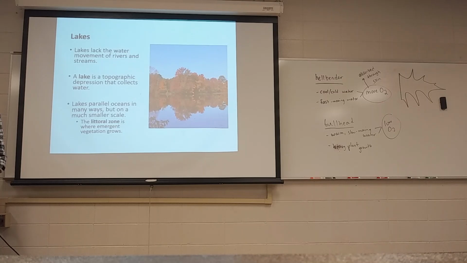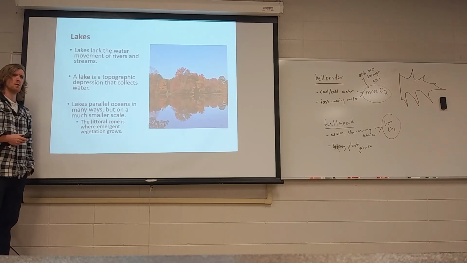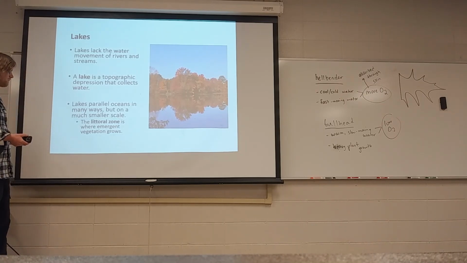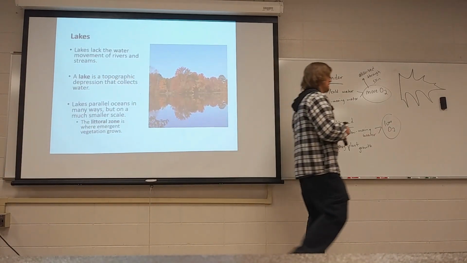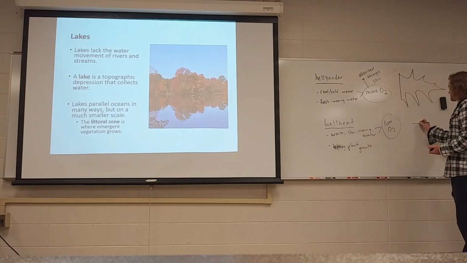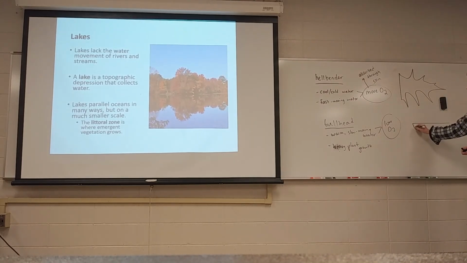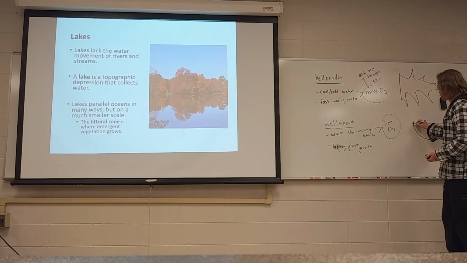In terms of their structure, you can think of them as little oceans, especially when they're bigger. A pond, not so much, but larger lakes, they mirror the ocean in a lot of different ways. This term you might recognize from the previous lecture. The term is littoral zone. And if you think of a lake, which you probably are more familiar with than the ocean, and you think of that region near the shoreline where you have cattails, right?